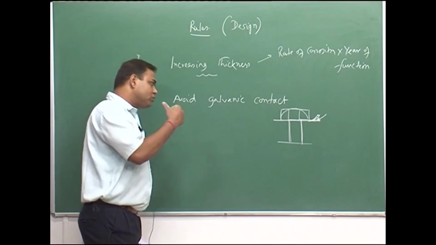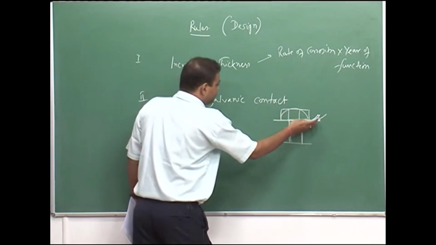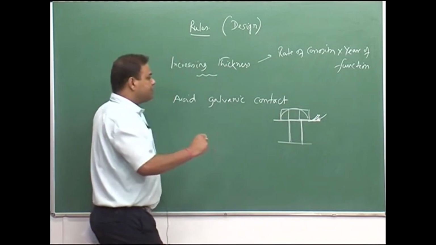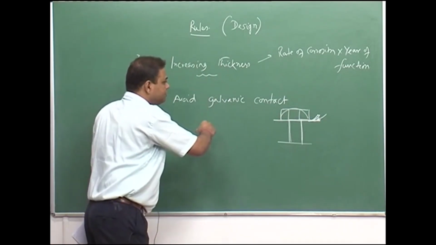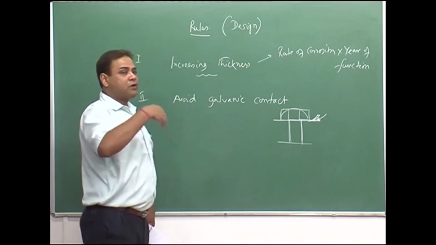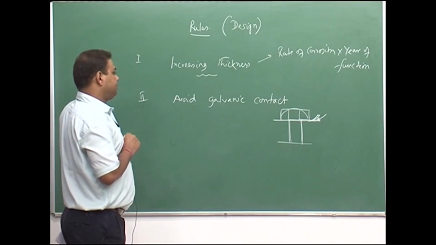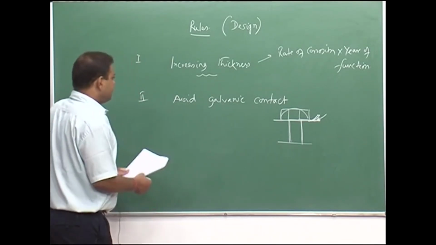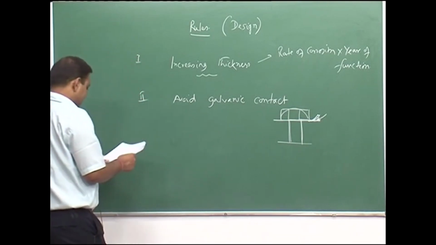At the same time, we should also understand that if we do not put that cover properly from the galvanic contact, there could be an effect from another corrosion form. So, this is avoid galvanic contact.